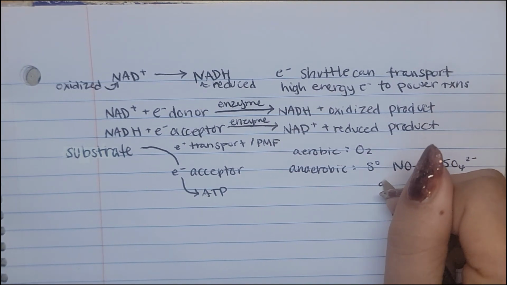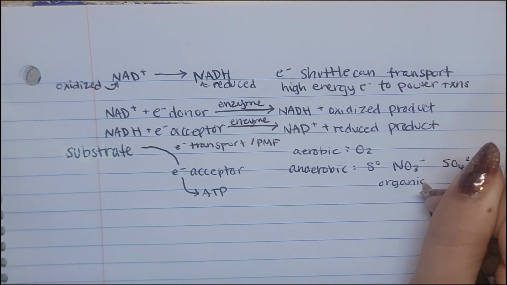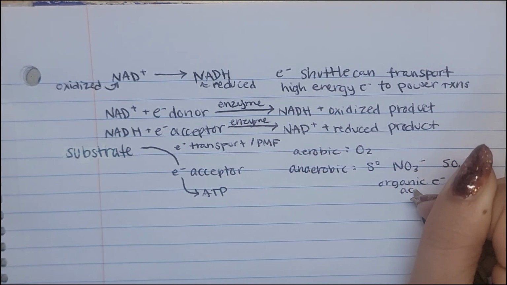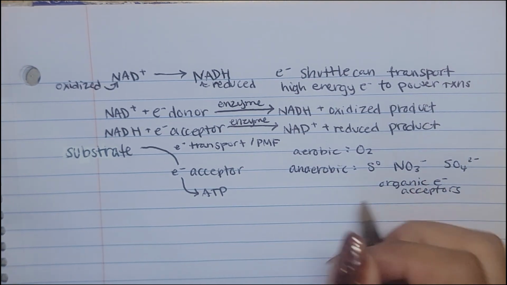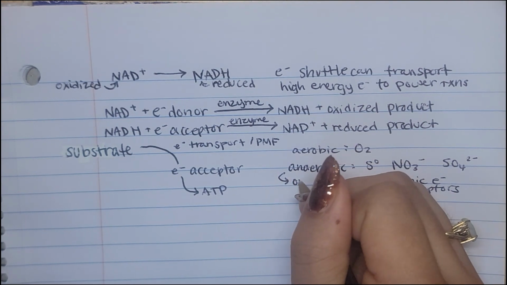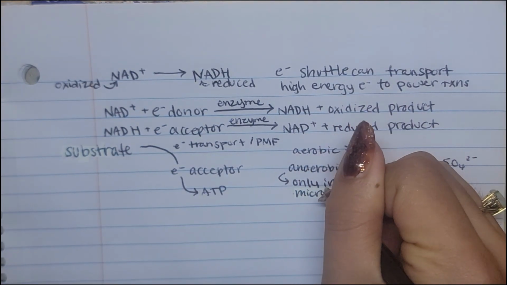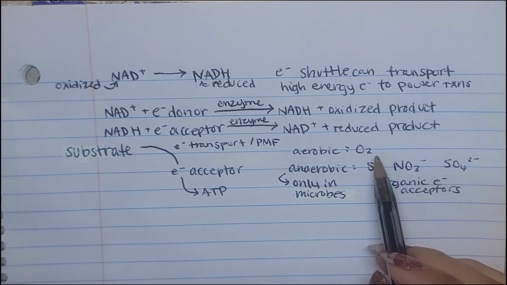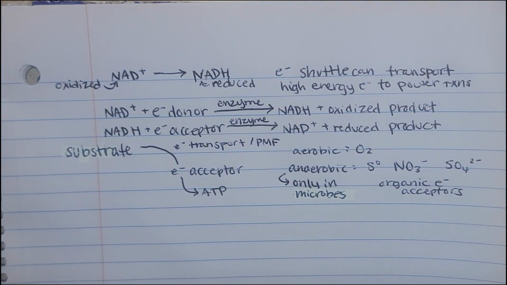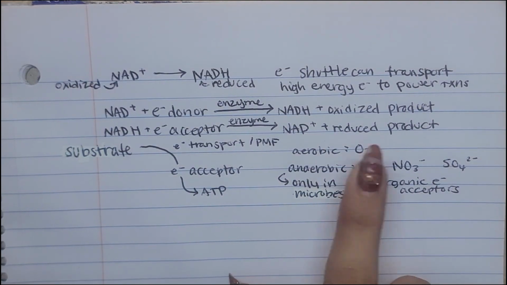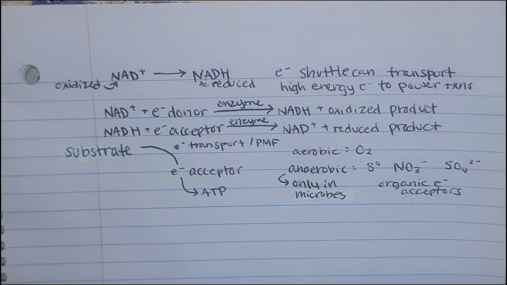And there's also organic electron acceptors. And so these are some options for respiration, but anaerobic is only in microbes. So everything other than a microbe is going to be using oxygen. And not all microbes are anaerobic, as we learned with our different categories. Like we learned about obligate aerobes, which need oxygen.